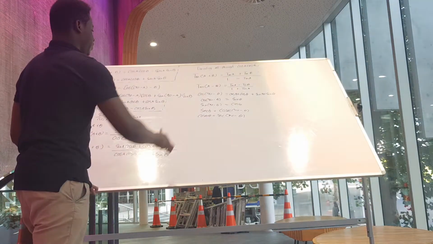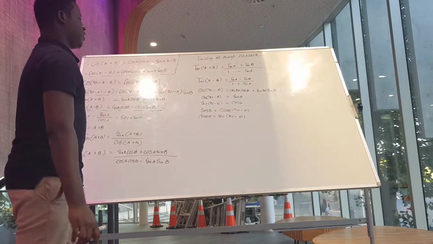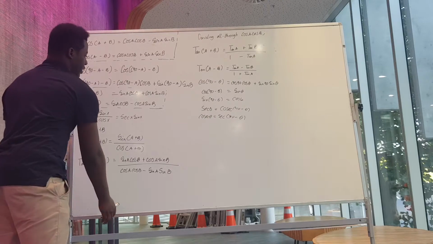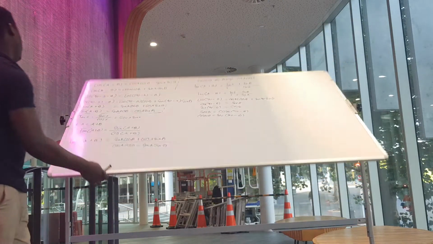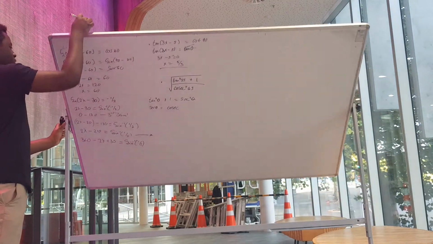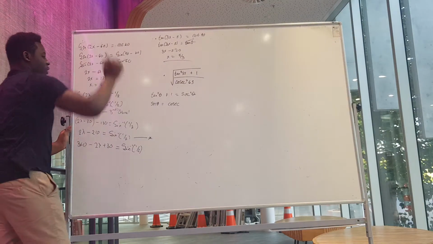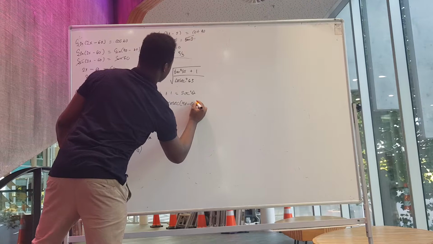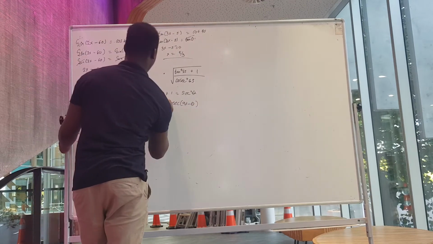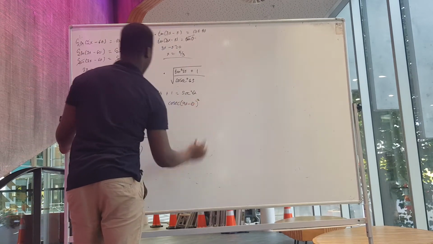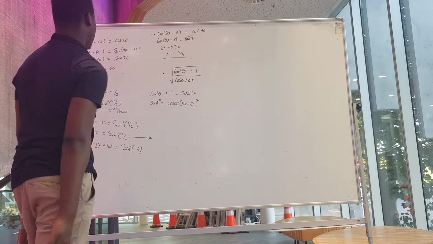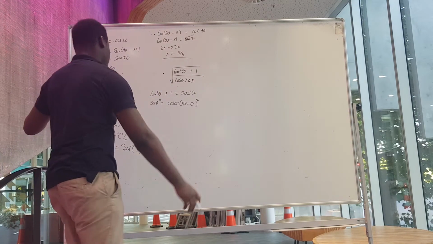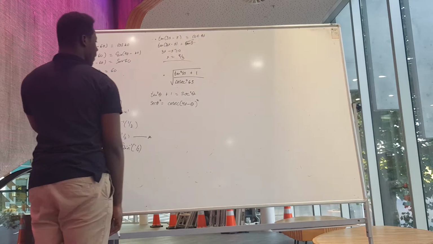From here, sec theta is equal to cosec 90 minus theta. That's what we're going to use here. And you can actually square both sides. So sec squared is equal to that squared. So you can literally just square both sides.